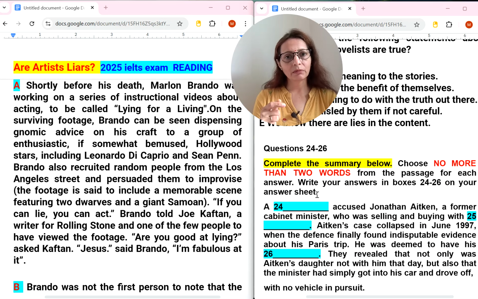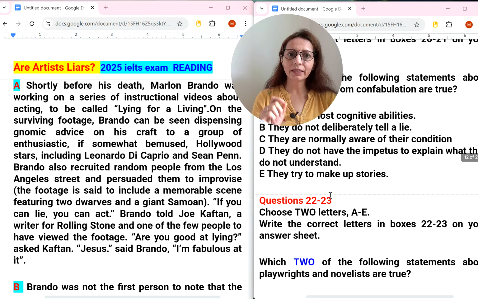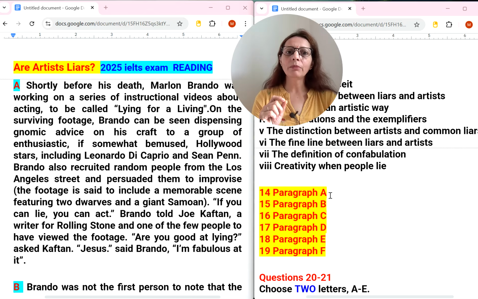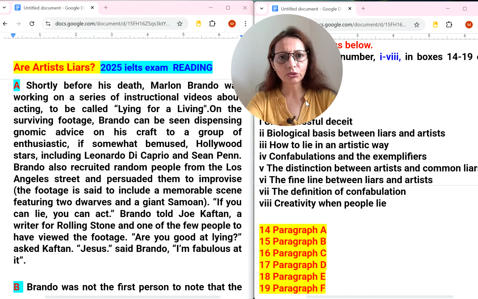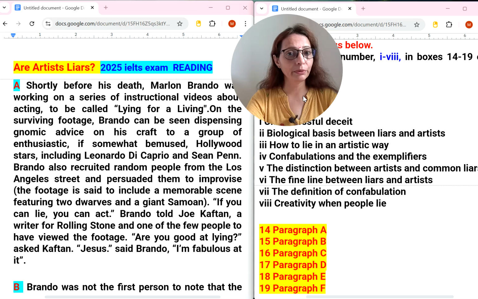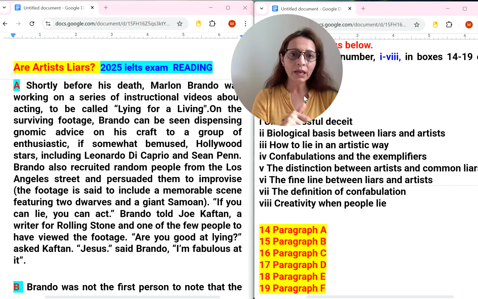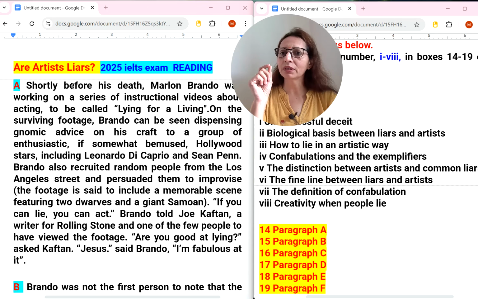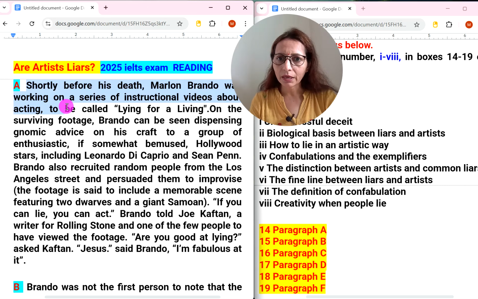And here, fill in the blank. So I will do my reading. I will start my reading from list of headings. How to do list of headings, that's more important. I will read all headings first and then I will read paragraph by paragraph. In every paragraph I will try to read two or three sentences. Sentences here means from here to here.